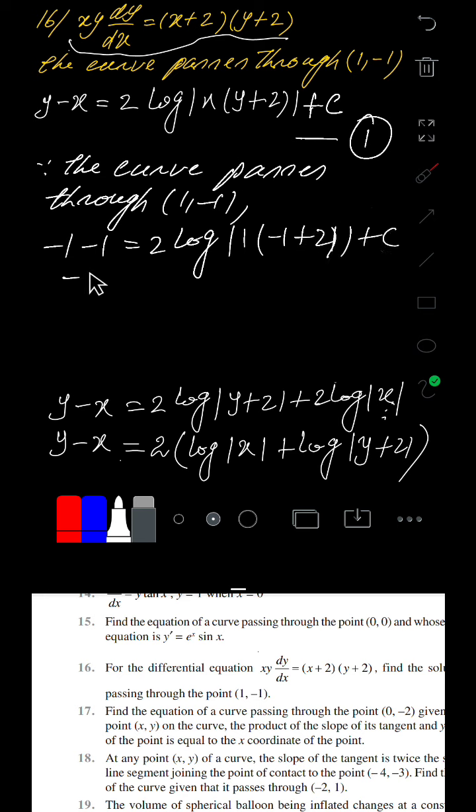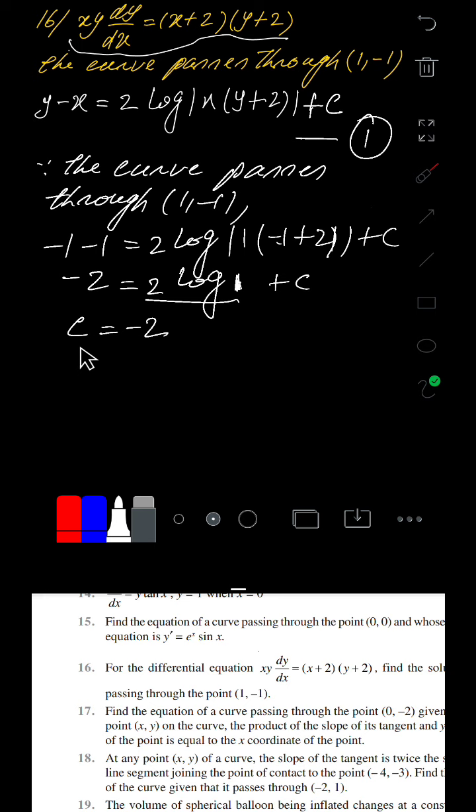So this is -2, and here we have 2 log, -1 plus 2 becomes 1, so log 1 plus c. And as we know well, log 1 is 0, so this term becomes 0, and we have c is equal to -2.